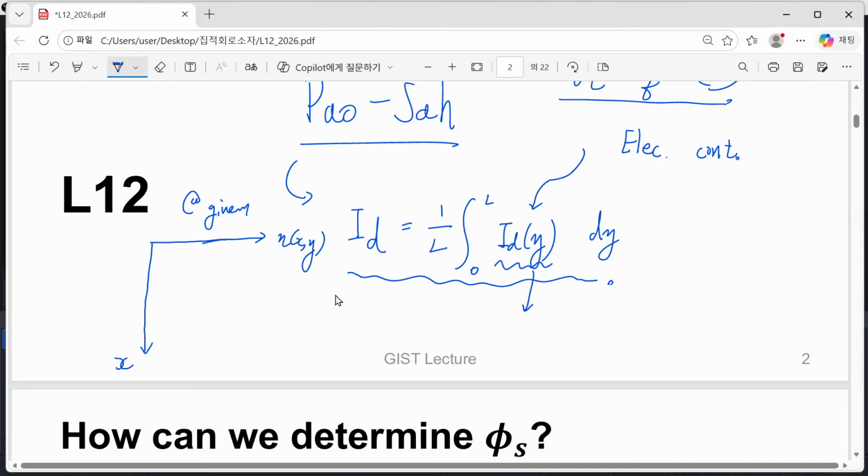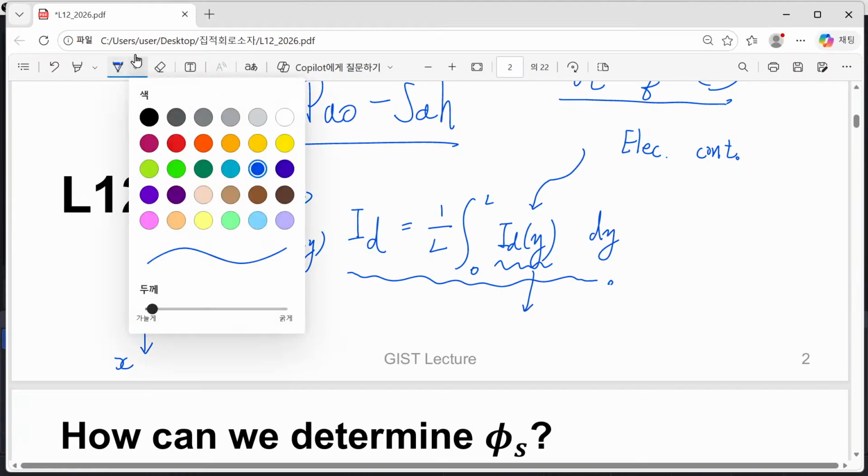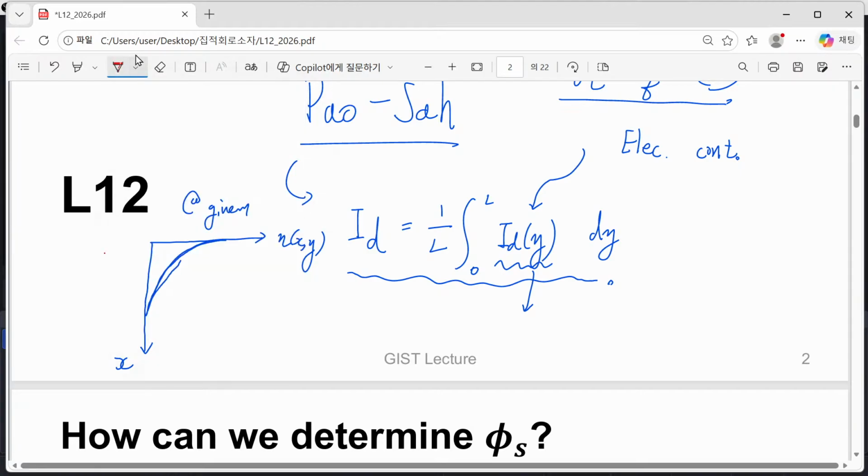Generally we have a certain trend of exponentially decaying behavior of our electron density. Electrons show their peak value near x equal to 0, the silicon and silicon dioxide interface, and it is rapidly diminishing.